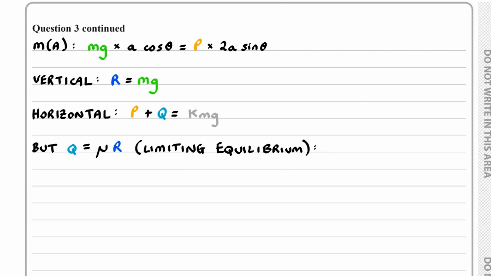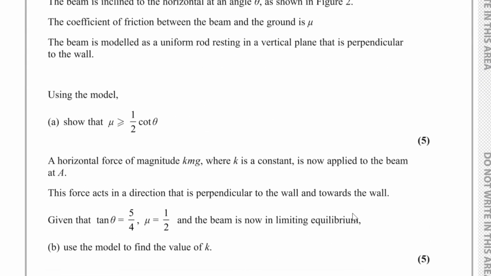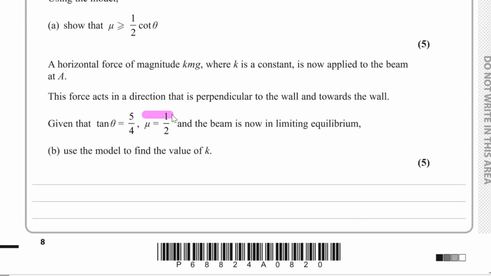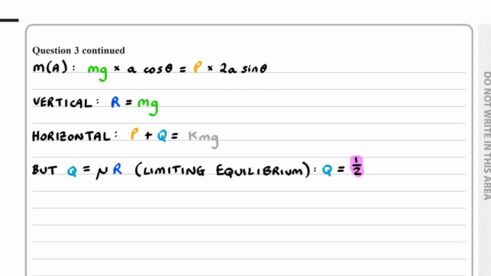And so we have Q, which is equal to mu, which we know is 1/2. So if we go back to the question, we know mu is equal to 1/2. And then we know what R is. That's mg.